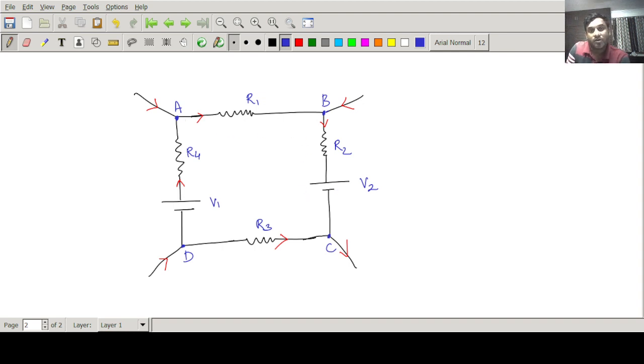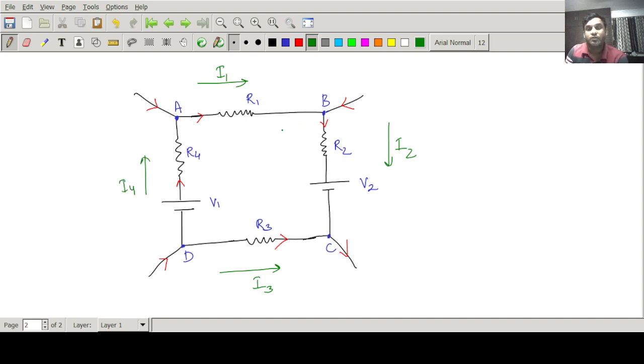In this AB branch, let's say I1 amount of current is flowing, in the BC branch I2 amount of current is flowing, in the CD branch I3 amount of current is flowing, and in the DA branch I4 amount of current is flowing.